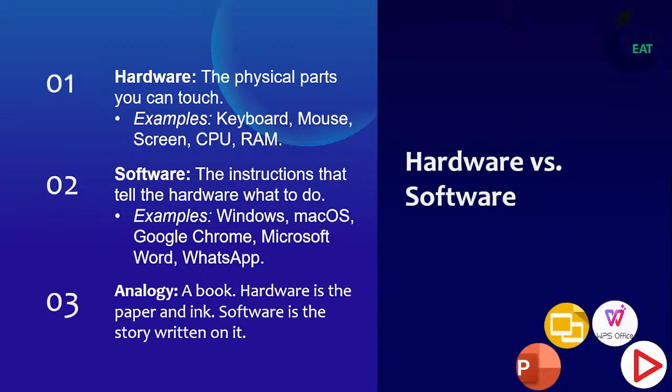A human being without a soul is dead. A soul without a body is a spirit. So both of them must work hand in hand if you want to have a computer that works. You need the hardware and you need the software for the system to work properly.